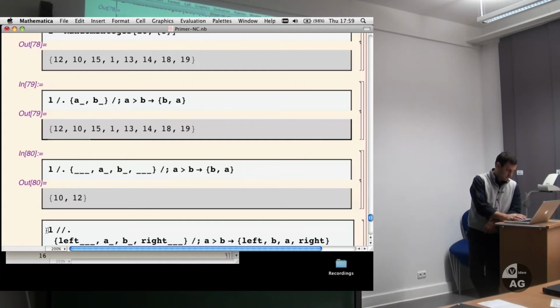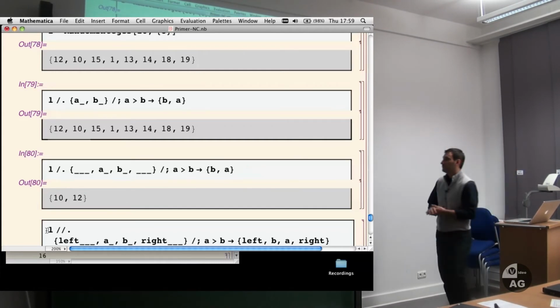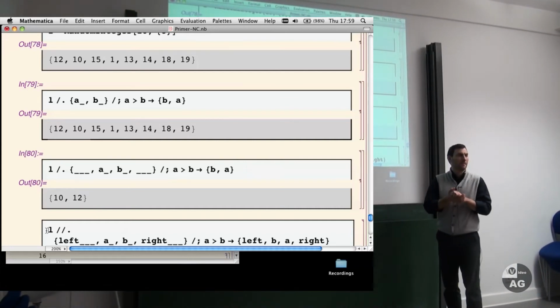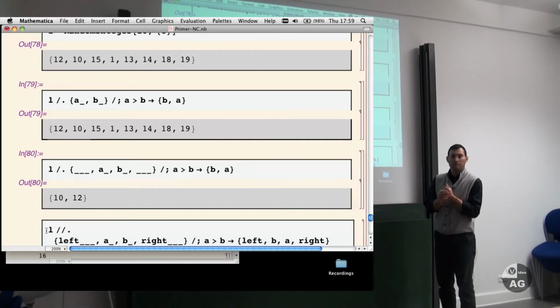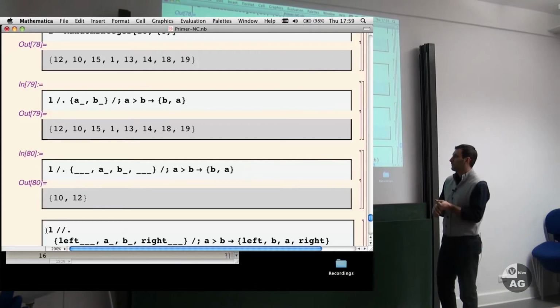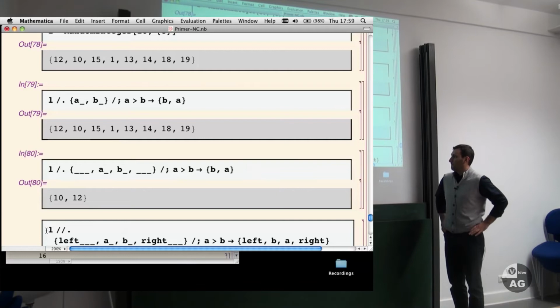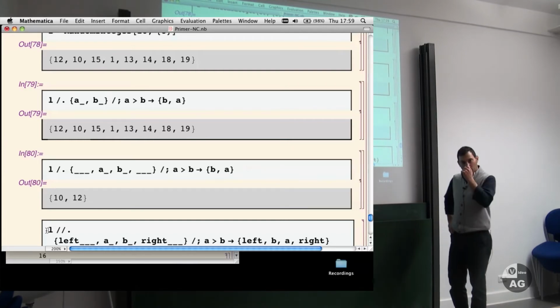This will create a lot of instances of the list. Why? It will do the left, comma, B, comma, A, comma, right. How do we know it will vary how much is put in the left and right side list?